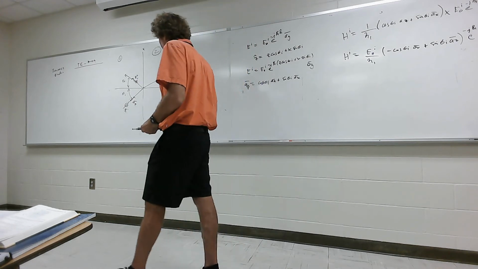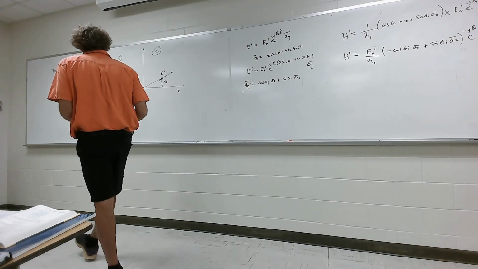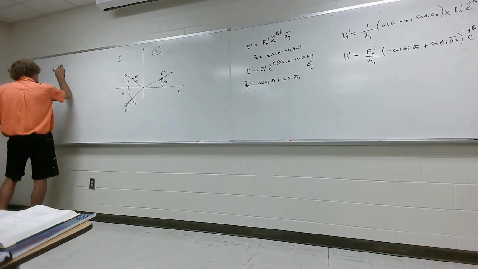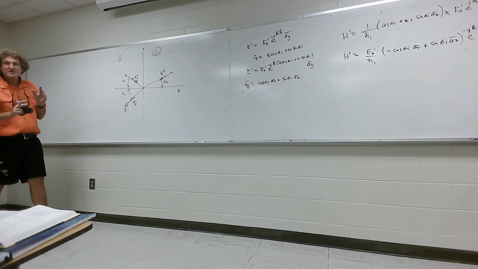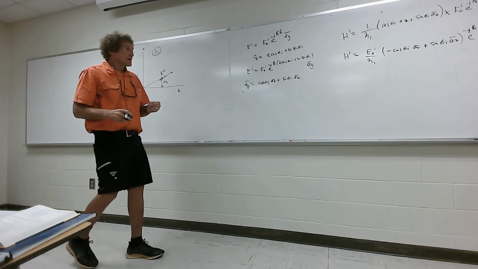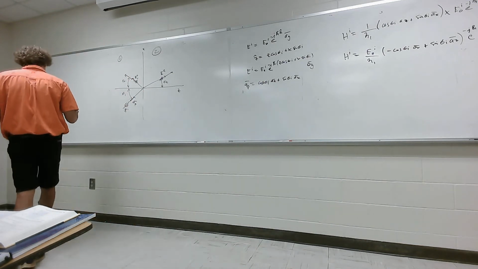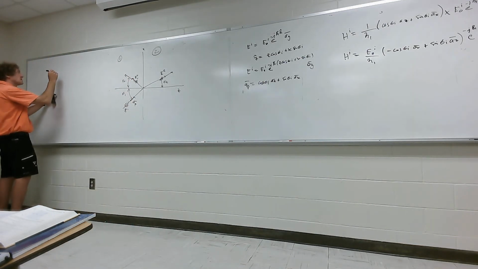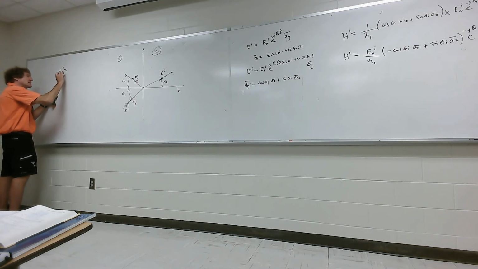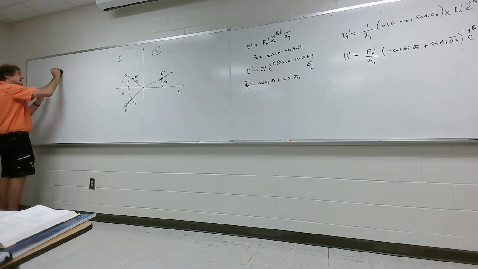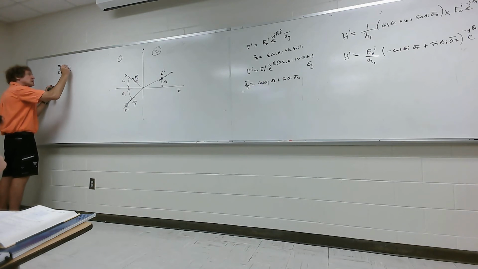If we wanted to get the transmitted E field and transmitted H field in the same way, they'll have the same basic shape. The transmitted E field is going to have a magnitude, E naught transmitted.